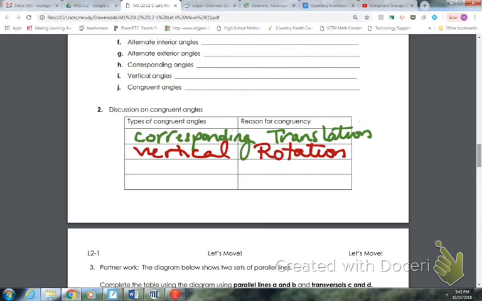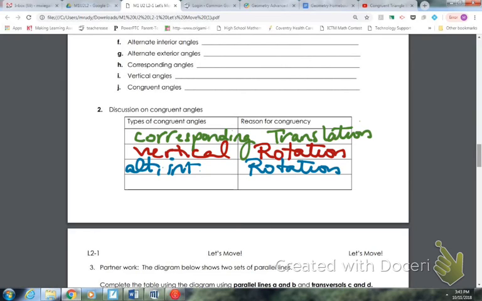Another type of congruent angle in the picture is your alternate interior angles, ALT-INT for alternate interior. Alternate interior angles are congruent. One of the reasons we can explain why is by a rotation as well. If I rotate the angles, they should match up.